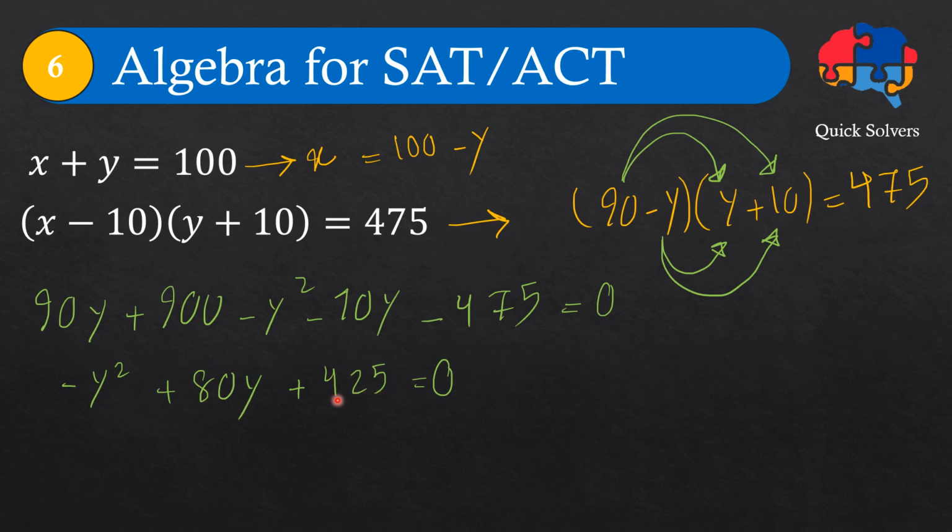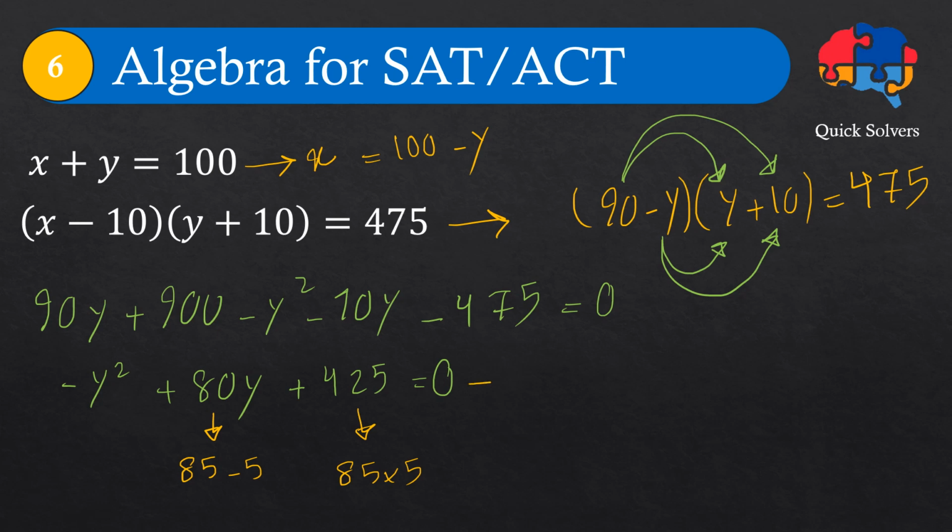We know that we can write this 425 as 5 times 85. And we can rewrite this 80 as 85 minus 5. So let me write it here: this 80 is 85 minus 5, and this 425 is 85 times 5.